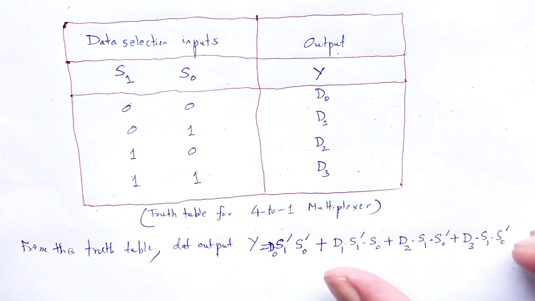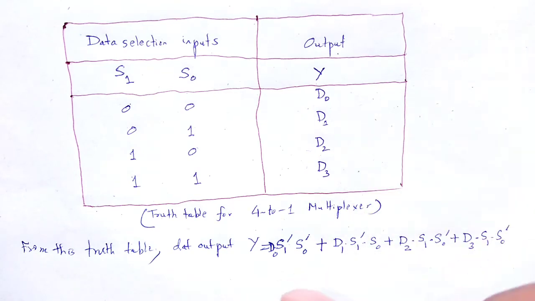That one is the Boolean expression from the truth table.